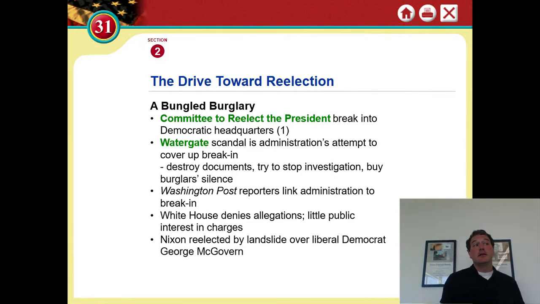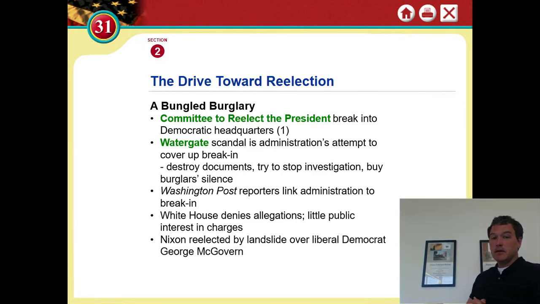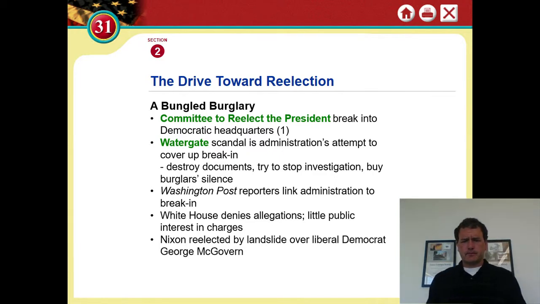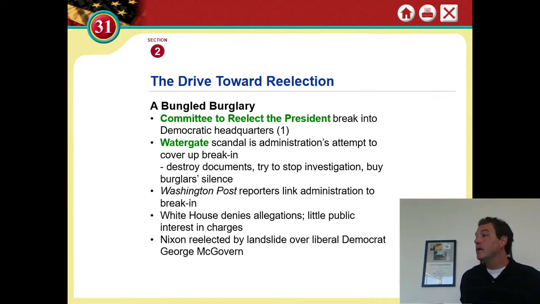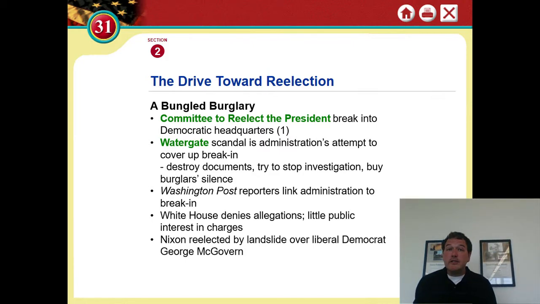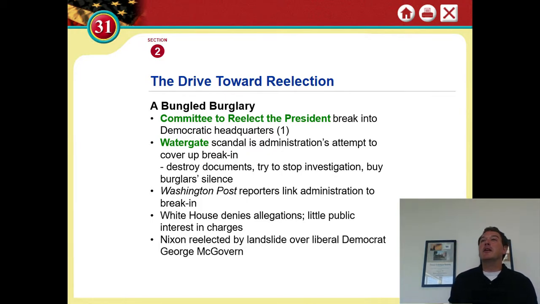Nixon felt that he would not win re-election without some rather sneaky tactics. And so he authorized an attempt to break into the Democratic headquarters to find compromising information to use it to blackmail the Democratic Party. In fact, it's very similar to the charges that are being alleged against Russia, that Russia is finding compromising information about Democratic candidates to bolster the Republican candidate in the 2016 election.